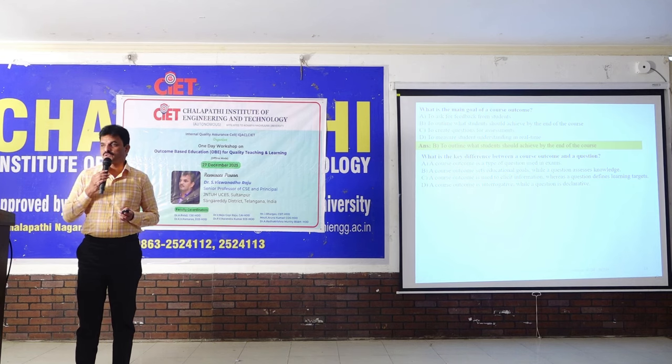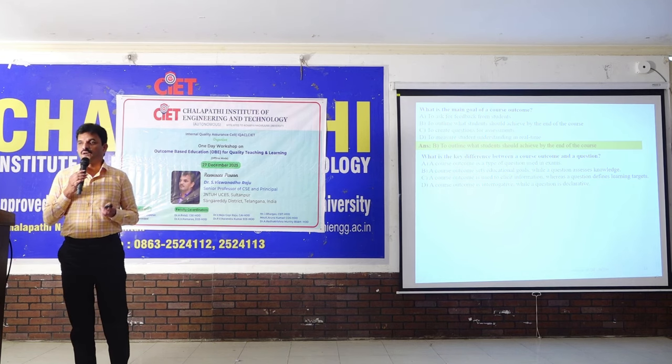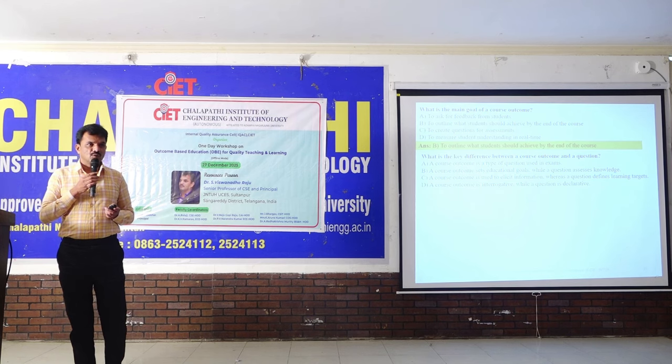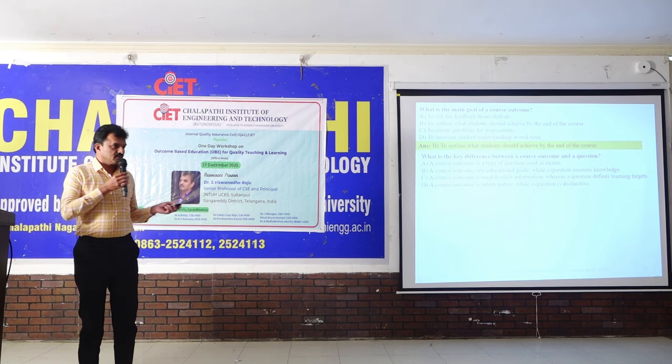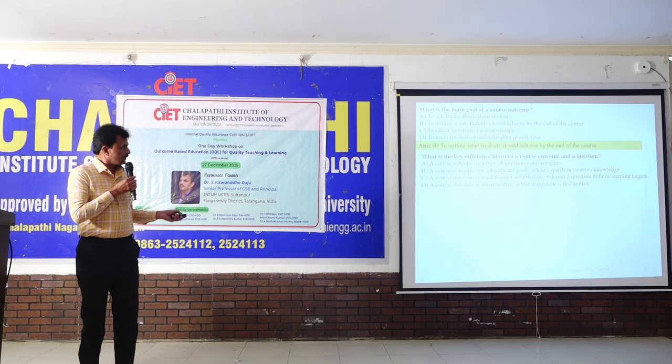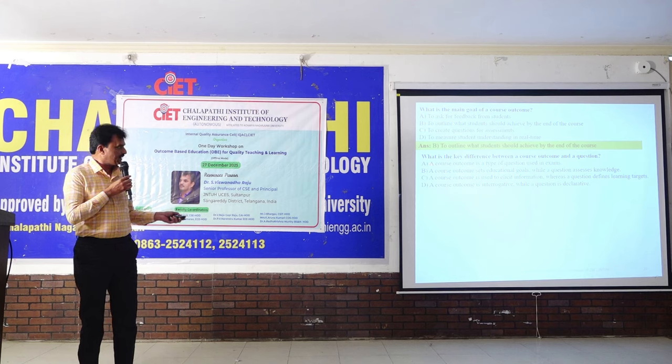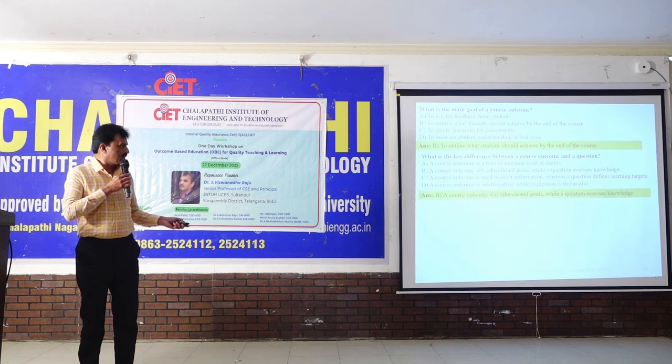As a teacher, we must know the differentiation between the outcome and a question. Otherwise, how can I set the question paper? A course outcome is a type of question used in exams. A course outcome sets educational goals, with a question measuring knowledge. A course outcome is used to elicit information, whereas a question defines learning targets. Let us see now. Answer is: a course outcome sets educational goals while a question assesses knowledge.